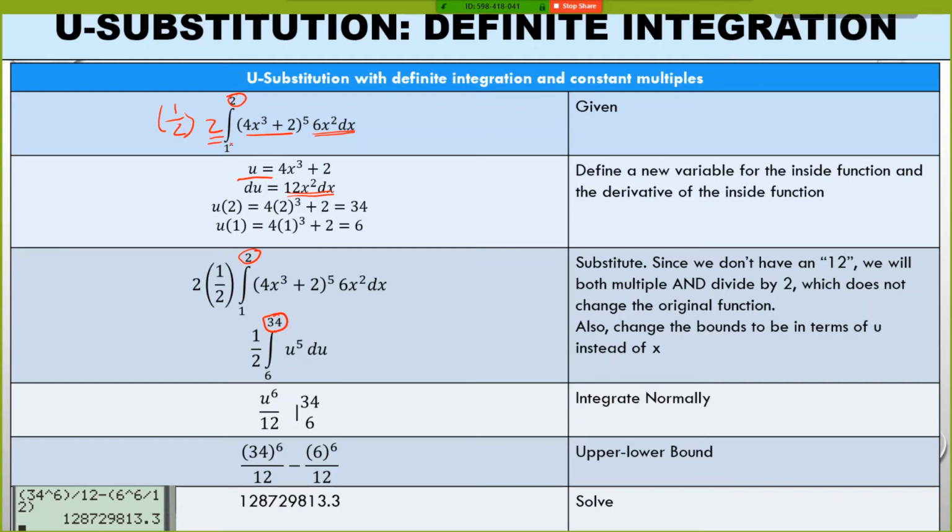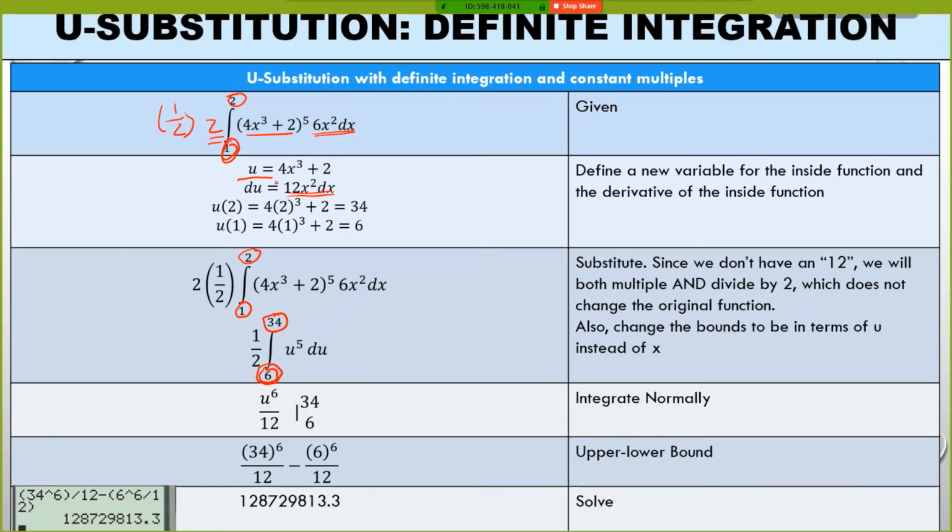For my lower bound, which was 1, when I plug in 1 here, I get 4 times 1 cubed plus 2, which gives me 4 plus 2 is 6. So when you substitute for your lower bound, you'll get 6 instead of just 1.